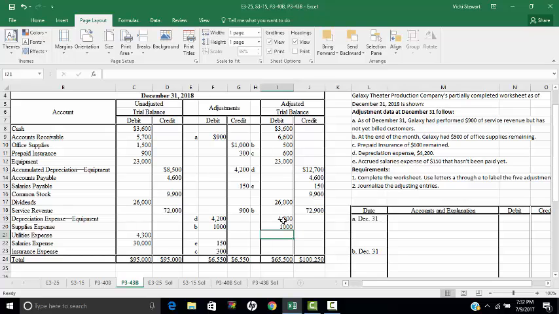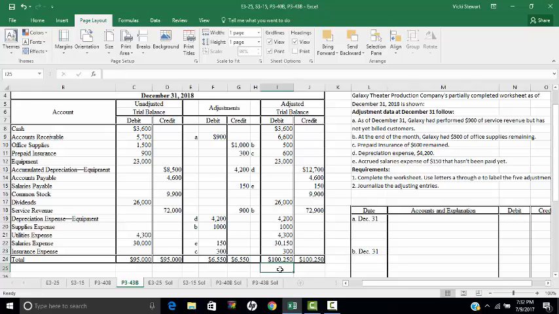Utilities expense had a $4,300 balance, but we made no adjustment, so we bring it over as is. Salaries expense had a $30,000 balance, and we made a $150 adjustment, so our total would be $30,150. And then insurance expense was a $300 debit, so we're going to have a $300 debit balance in the adjusted trial balance for it.